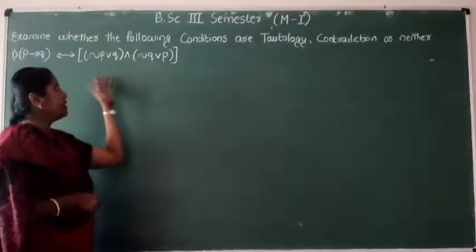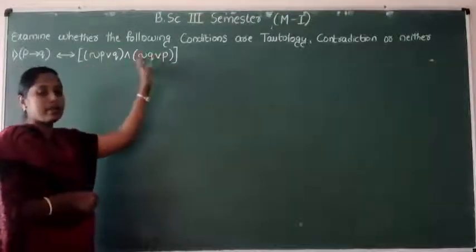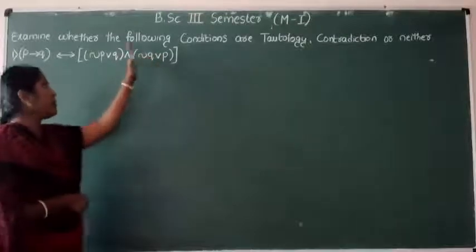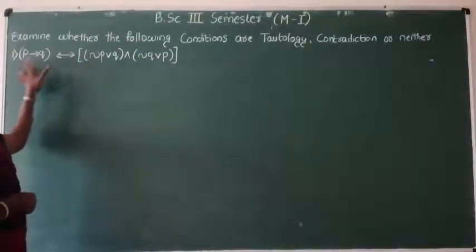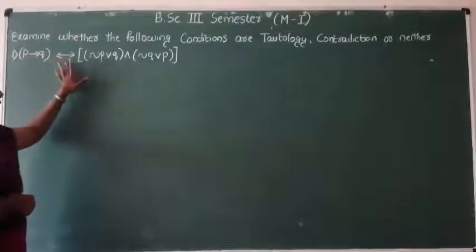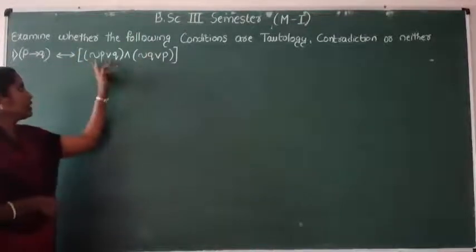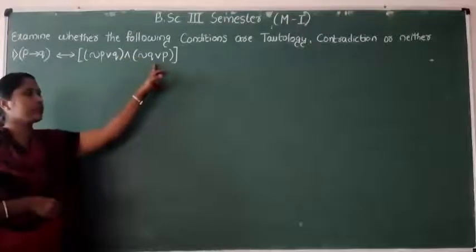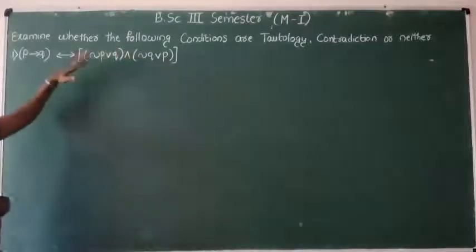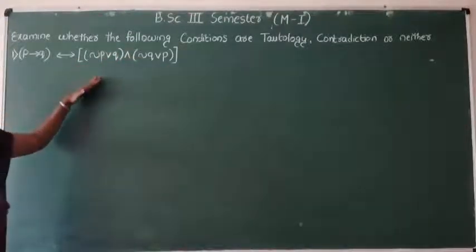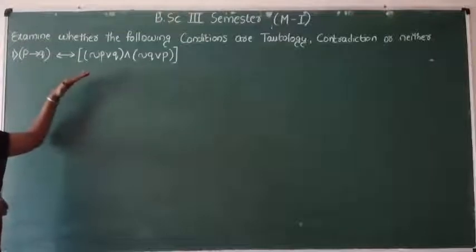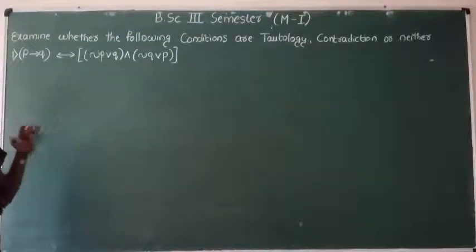In this B part, two parts are there. We have to combine those things and after that combine with these things. P implies Q by conditional and negation of P or Q and negation of Q or P. So let us check whether it is a tautology, a contradiction, or neither tautology nor contradiction.